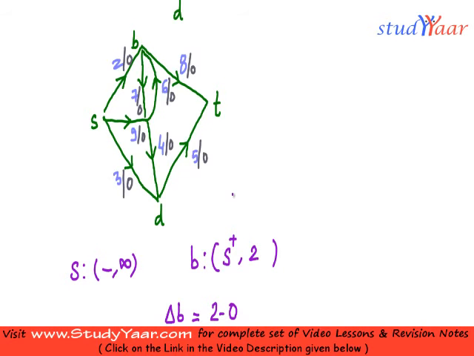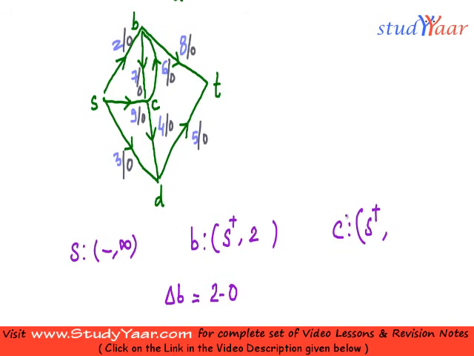Similarly, another adjacent vertex which I have over here, let us call this C. So now I can label my C like this. It is going to be S plus comma delta C. And what is delta C? My delta C is going to be, the capacity is 9 and the flow is 0.